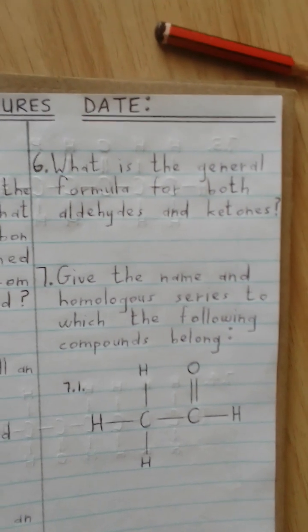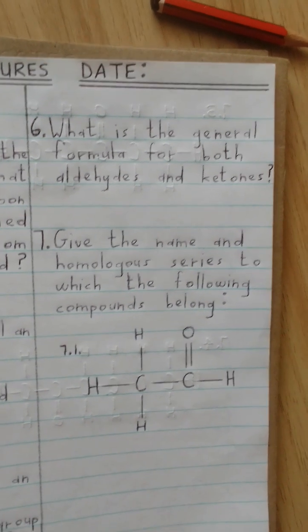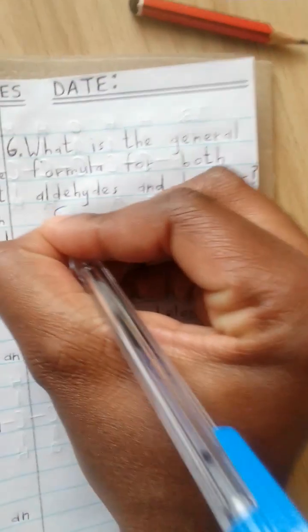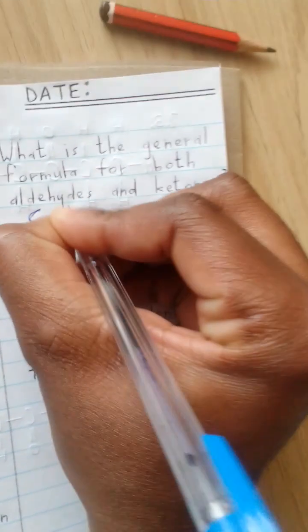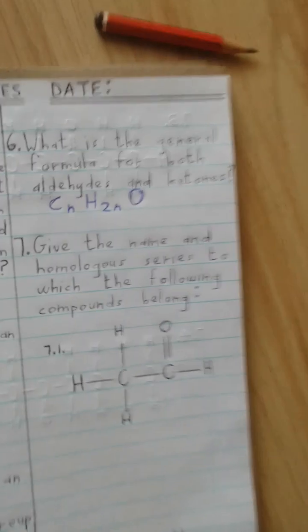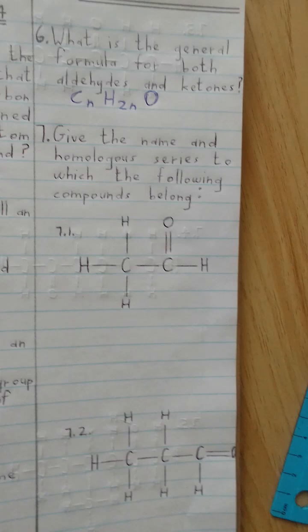Number 6 asks, what is the general formula for both aldehydes and ketones? If you remember the table I once gave you, it's CnH2nO. Okay.